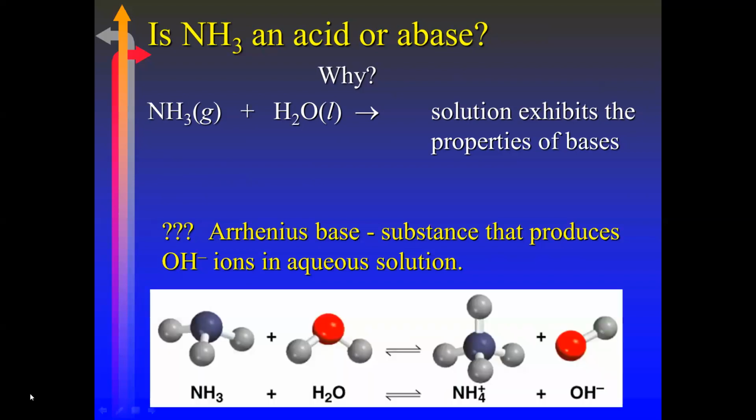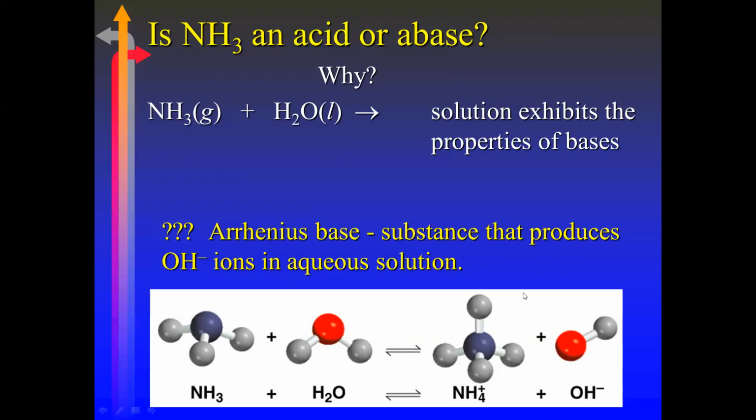Let's see. When we put this ammonia into water and they form these two ions, it seems water provides one hydrogen, which combines with the ammonia to form this one, right? Because you get one more hydrogen here, and water loses one hydrogen.